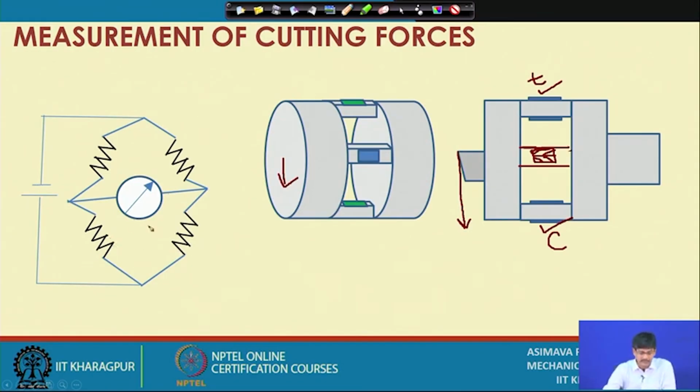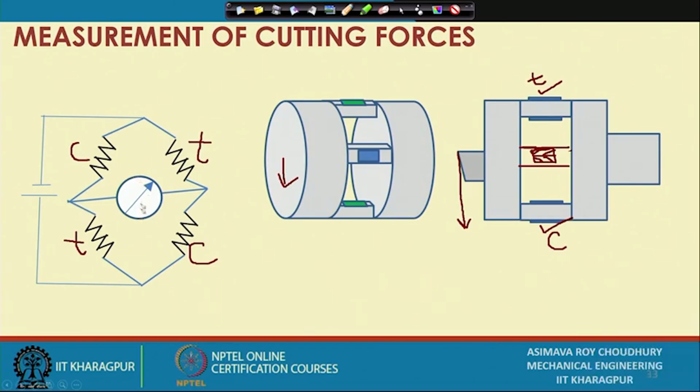If we put a strain gauge in tension at this place, a strain gauge in tension at this place, another strain gauge in compression at this place and compression at this place, ordinarily if they are all of the same resistance and they are not under any stress, this would register a zero value. This is, say, a voltmeter or a galvanometer. So, this will register a zero or null reading.